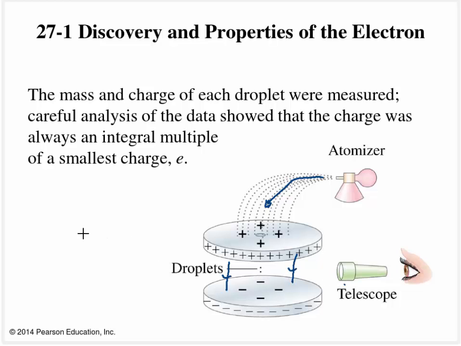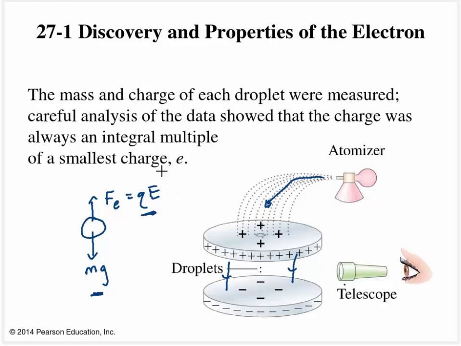And he's watching the droplets fall with a telescope, and essentially he adjusts the voltage until they stop falling, and here they're going to have their weight, their mass times gravity, in the downwards direction, and they're going to have the electric force, which is the charge times the electric field, in that direction. When they balance out, he could essentially solve for what the charge is, because you know the density of oil, you can solve for the mass times gravity.